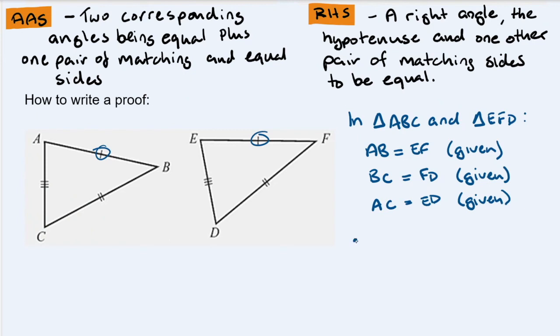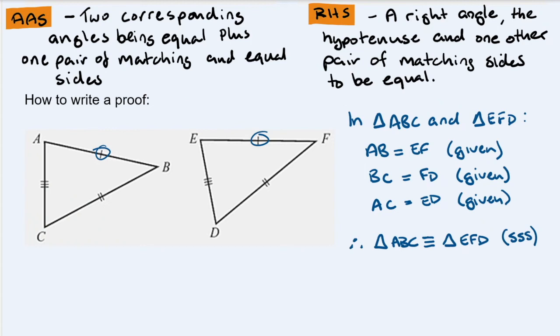Therefore, we don't have to do anything else now because we've just applied the side-side-side, or the triple S test, to say that triangle ABC is congruent, and we have the 3 horizontal lines, to triangle EFD based on the triple S test. And that is literally all you have to do for a proof. All your answers will be in the diagram, or you can use the things in the diagram to find your answer.